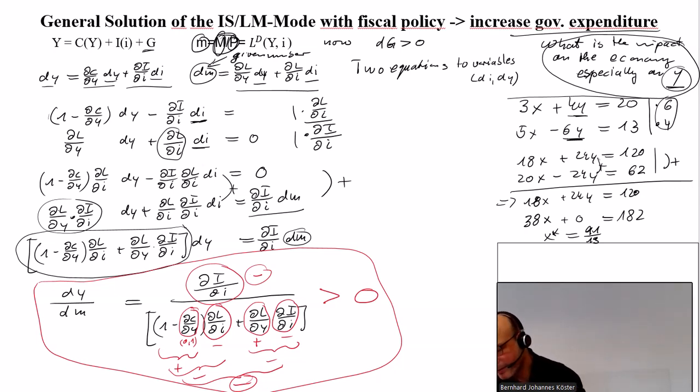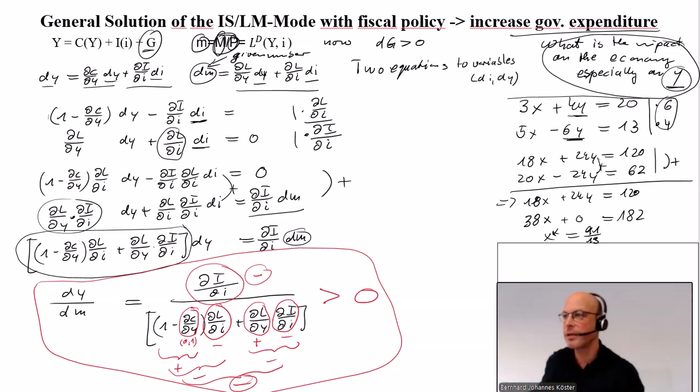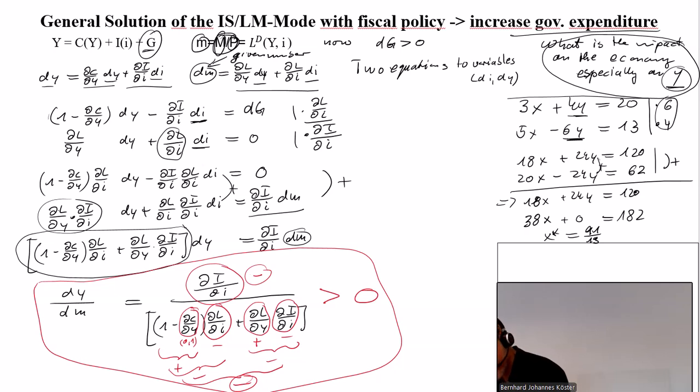And here we now say this is when we take the change. It is not 0. We say, well, the government in Germany just has decided to increase government expenditure by 500 billion. I'm always mixed up. 500 billion euros. So we have here dG.